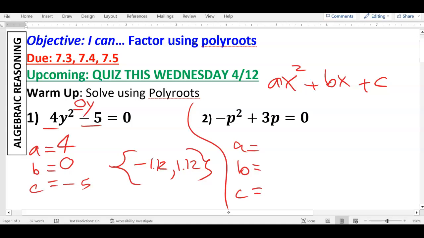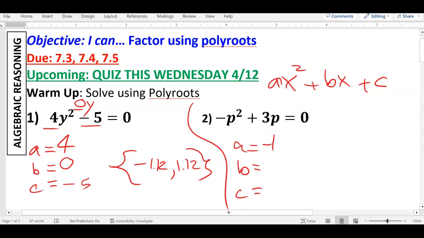What is my number in front of p squared if it's just a negative sign? Negative what? If there's no number, it's an implied 1. So no number means 1. Negative means negative 1. Cool. So my a value is negative 1 for p.